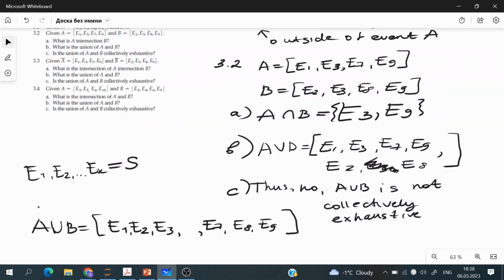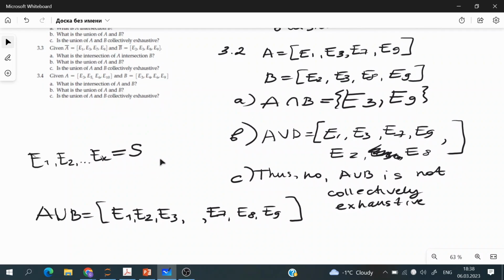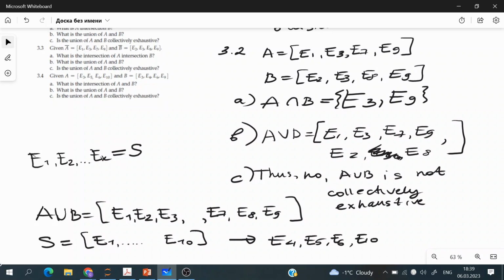So if we compare with our sample space S, it has every element from E1 to E10, and we are missing E4, E5, E6, and E10, and therefore it is not collectively exhaustive.